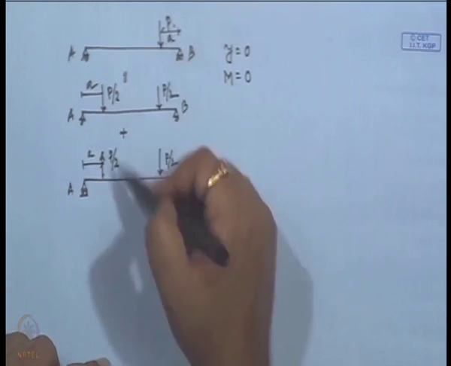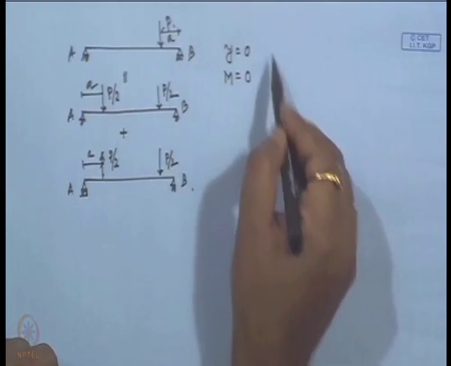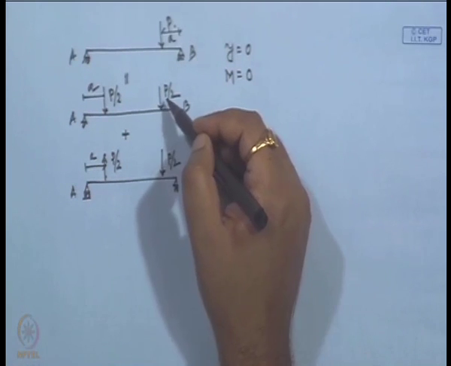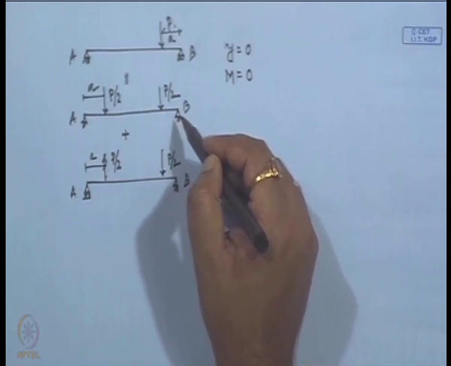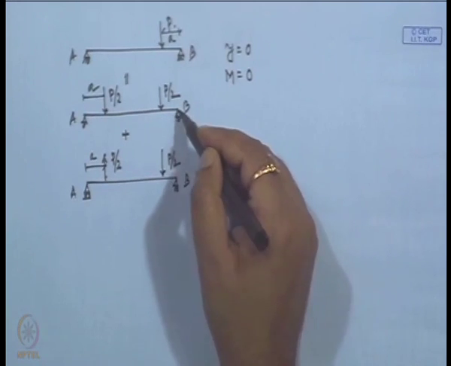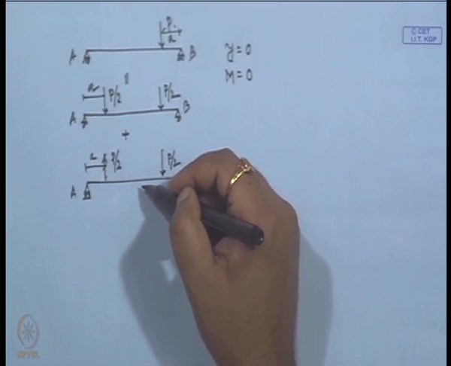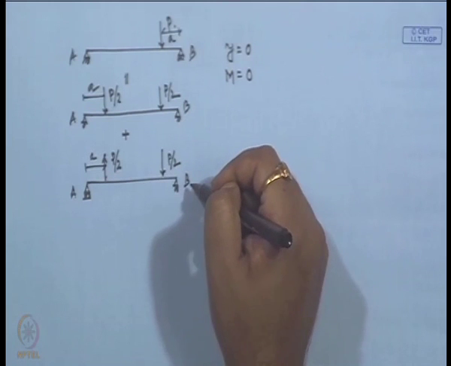So, we have to apply this loading condition as well as this boundary condition, and then we derive this expression. From the symmetric condition we will get the moment and shear force expression, and from the antisymmetric condition we will also get moment and shear force expression.